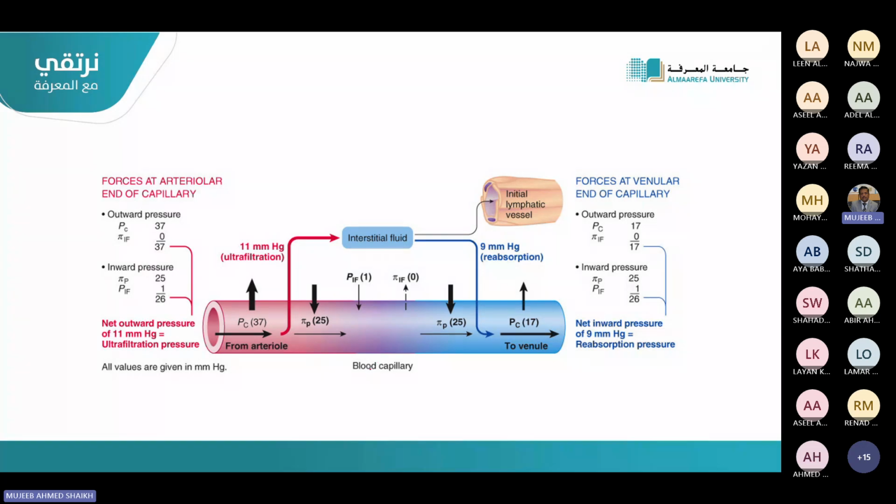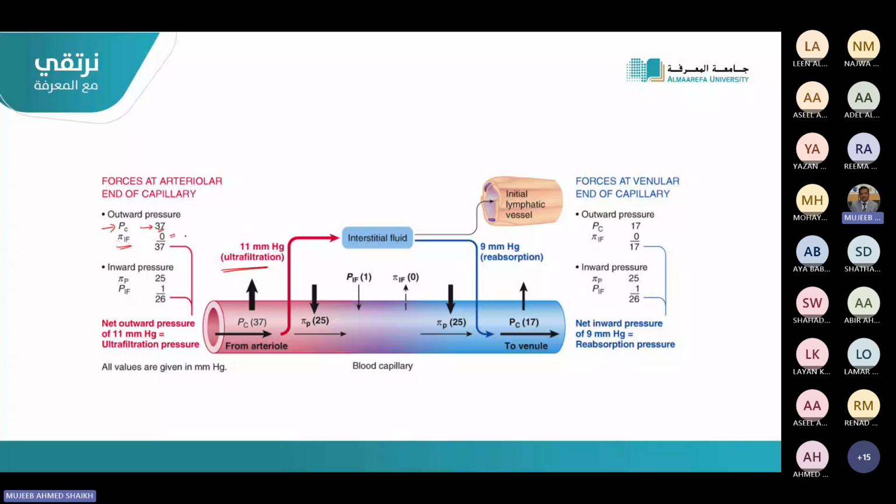Outward force at the arterial level: the hydrostatic pressure in the artery is 37 millimeter of mercury, whereas the pulling pressure pi IF is 0. Interstitial fluid colloidal osmotic pressure is 0 because there is no protein in the interstitium.